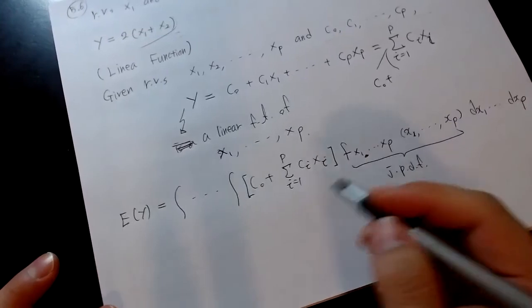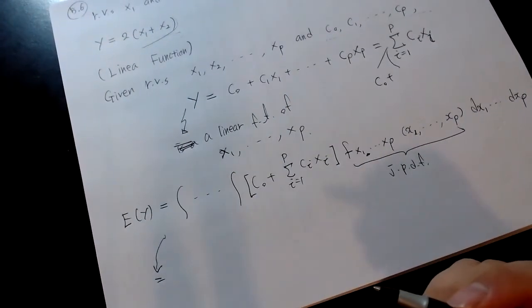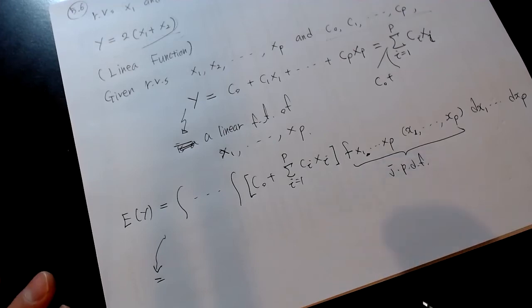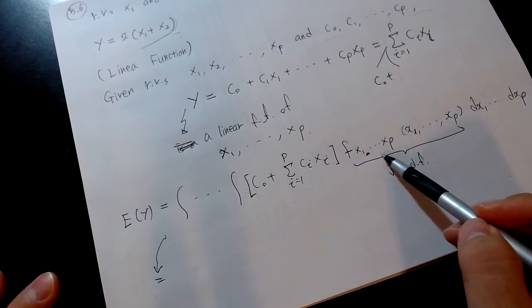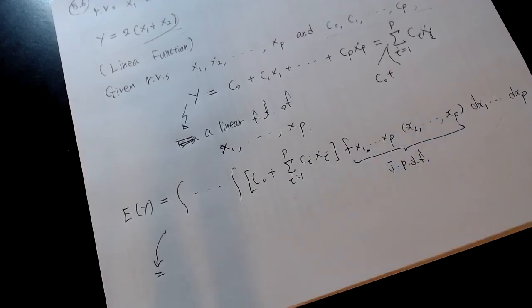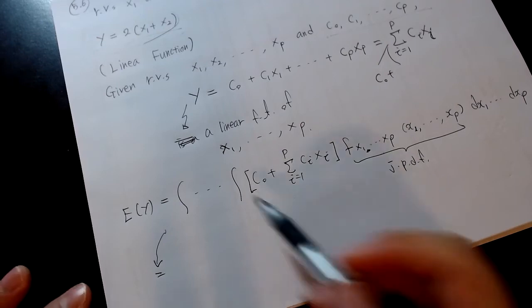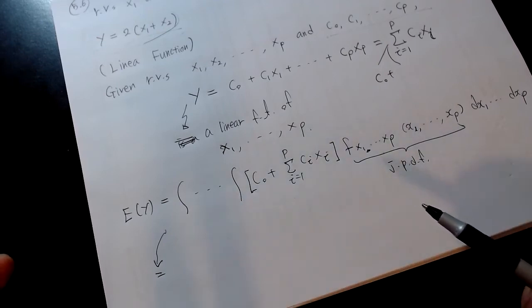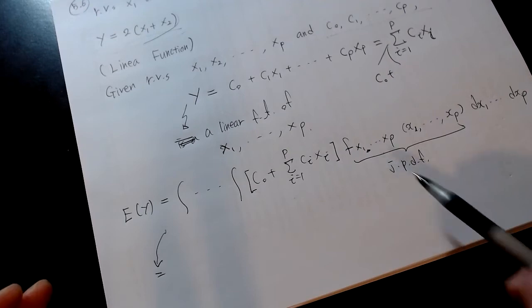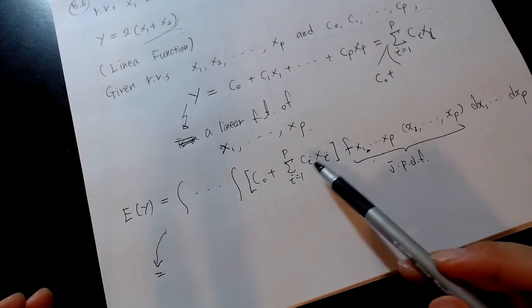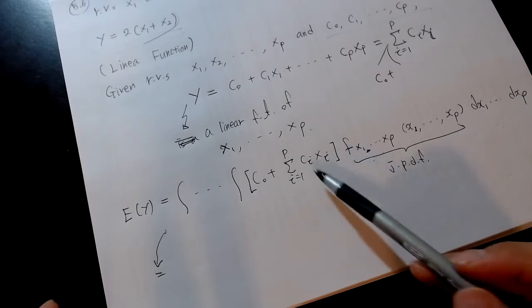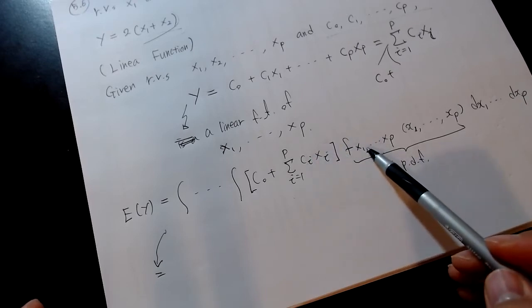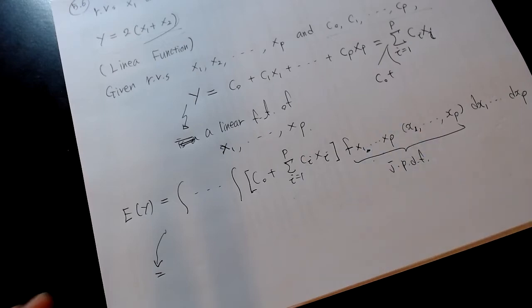Since this is a linear combination, we distribute the joint pdf inside the bracket and separate the multiple integration: the integral of c0 times the joint pdf, plus the integral of c1 times x1 times the joint pdf, plus the integral of c2 times x2 times the joint pdf, with respect to x1 through xp.